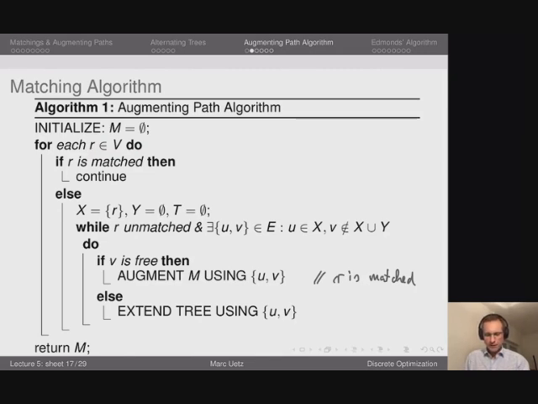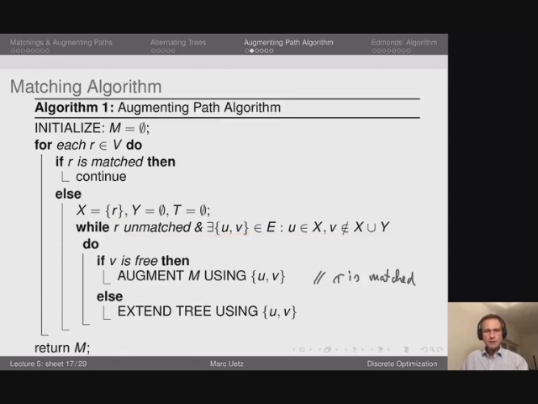Okay, so we pick such a vertex R. If this vertex R has been matched before in an earlier iteration, we of course continue, we skip it. So if it's not yet matched, we start building up the alternating tree by picking the root node as the starting node. And here are all the conditions in order to extend this tree by an additional edge from U to V.